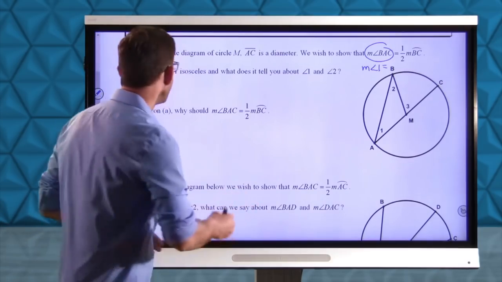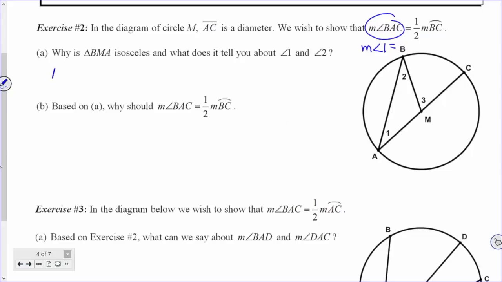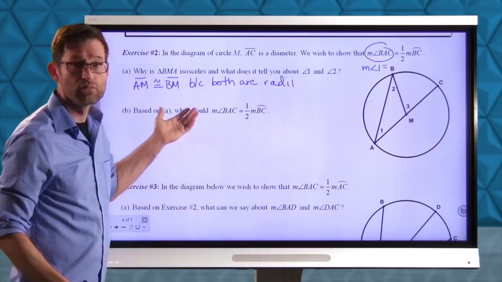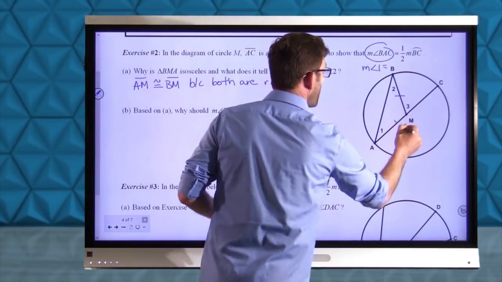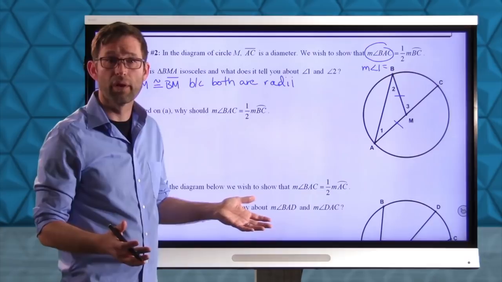All right. Well, what do we know? We know that AM is congruent to BM because both are radii. And that's why it's an isosceles triangle. It's an isosceles triangle because this side and this side are congruent. Simple enough.